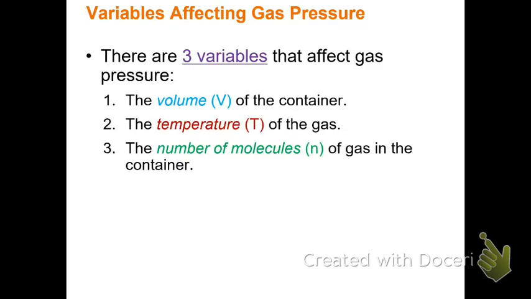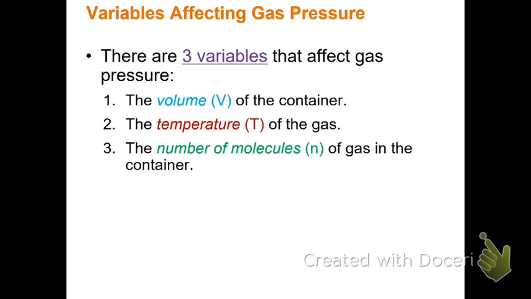All right, so before we get into the math part, first you have to understand the three different variables that can affect gas pressure. What are these three variables? The first one is volume, the volume of the container, the volume of the gas.